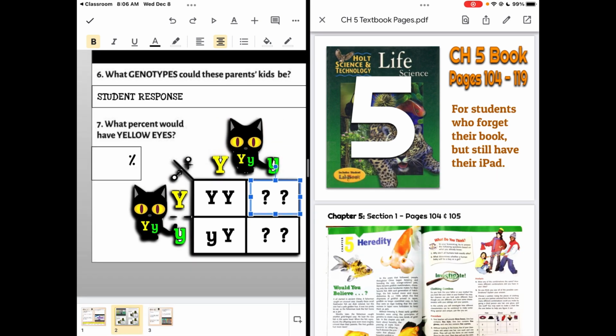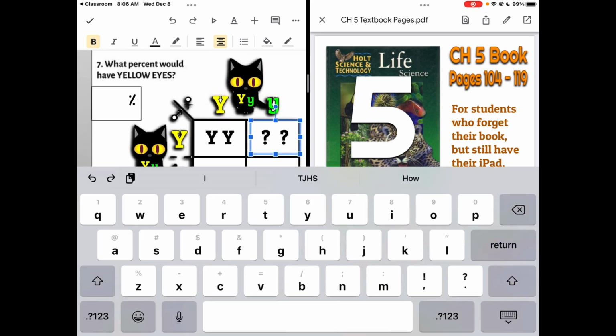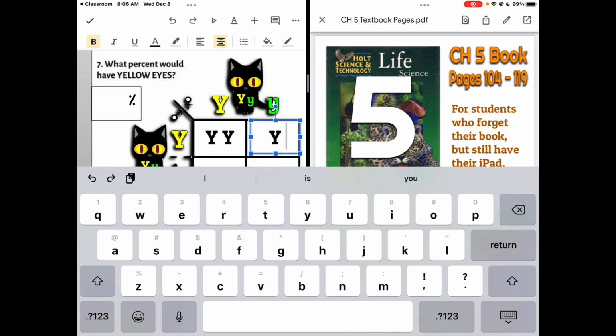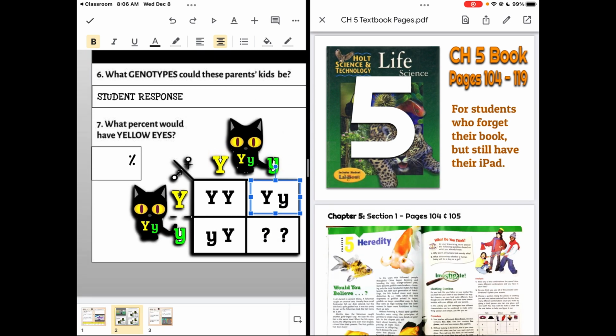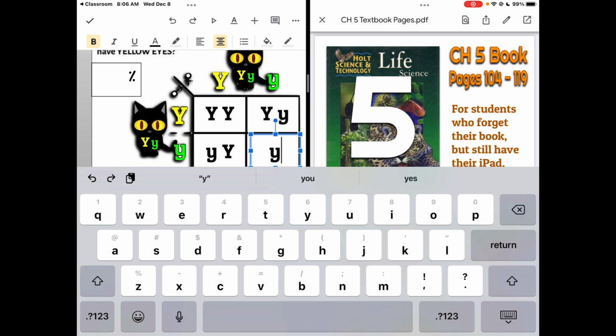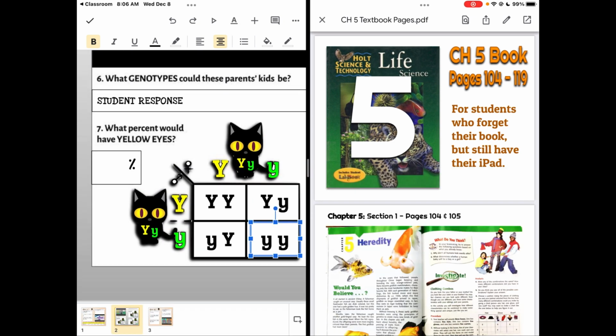This box, beside it, I have a capital Y, and then a lowercase y. And then lastly, in this box, above and beside, I have lowercase y and lowercase y. So I got 4 different outcomes.